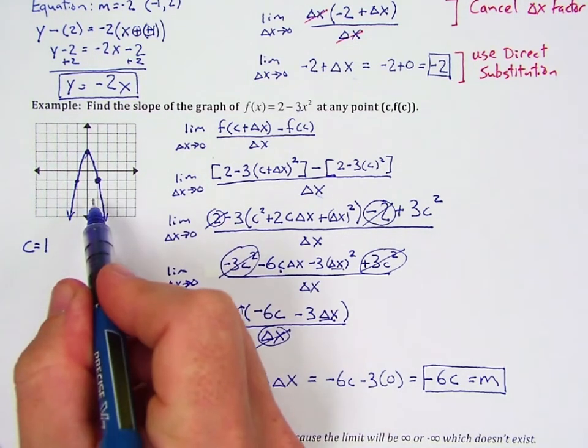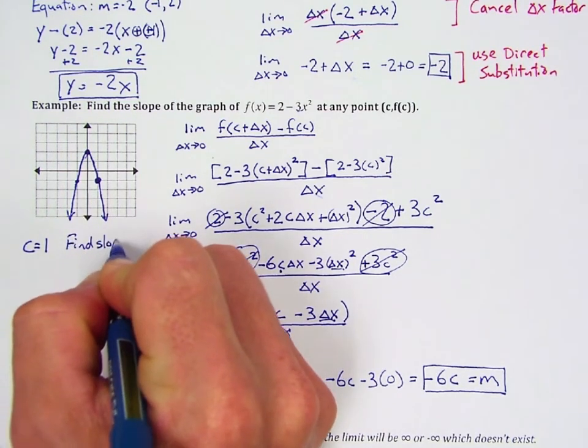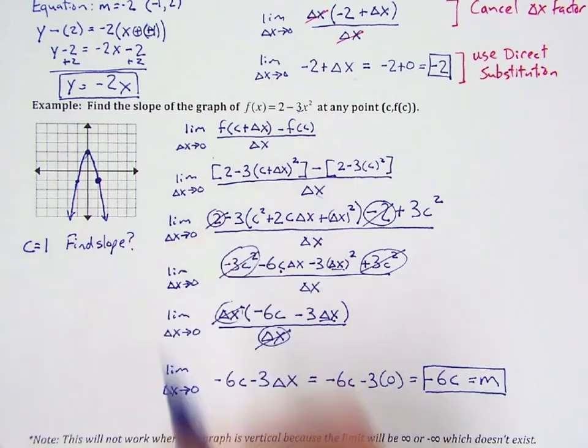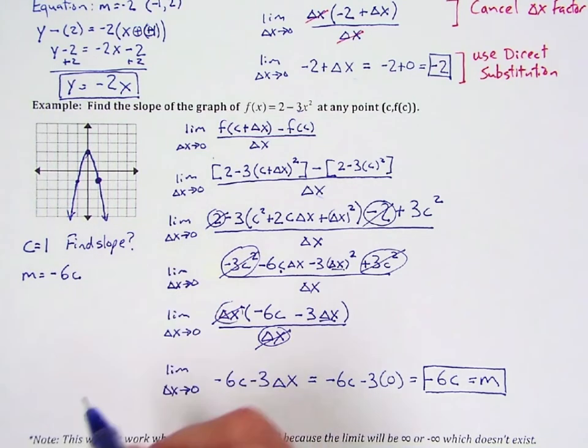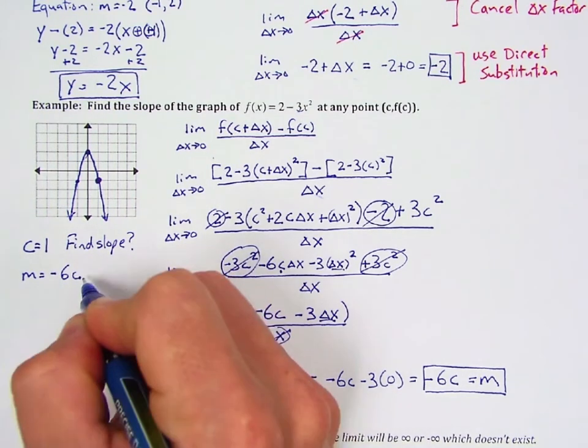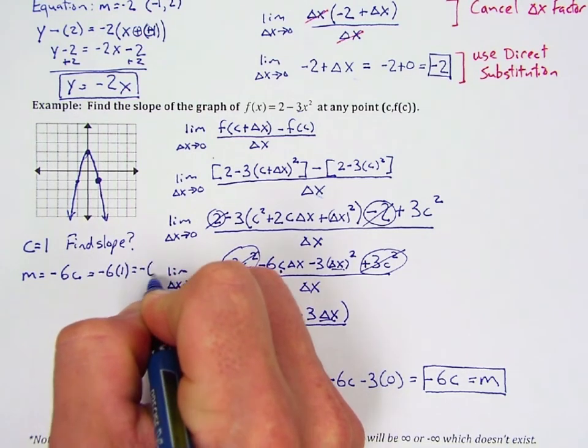What would be the slope of the tangent line? Well, we know that our slope equals negative 6c, so we're just going to substitute that in. So it's negative 6 times 1, which is negative 6.